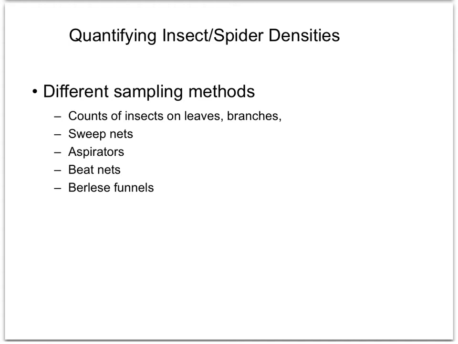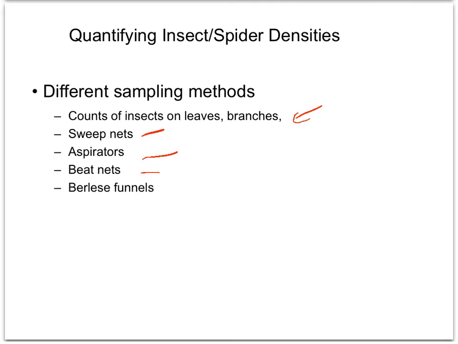Just to show you a few others, you can just directly count them. If you can see insects on leaves or branches, you could count the number of beetles per leaf or per branch. Sweep nets you know about. Aspirators are these little tools that you actually use your mouth with to suck them in. You don't get them in your mouth because you put a filter between, but you're using the suction of your mouth to vacuum the insects off of a surface.